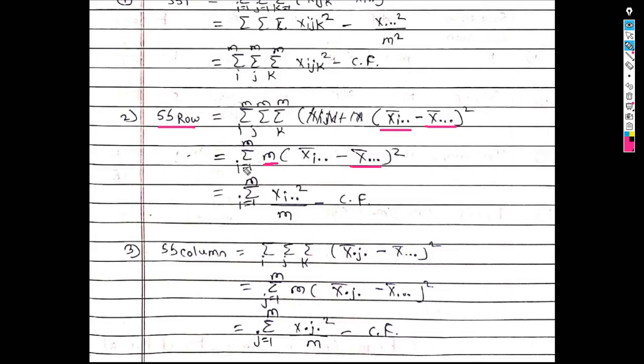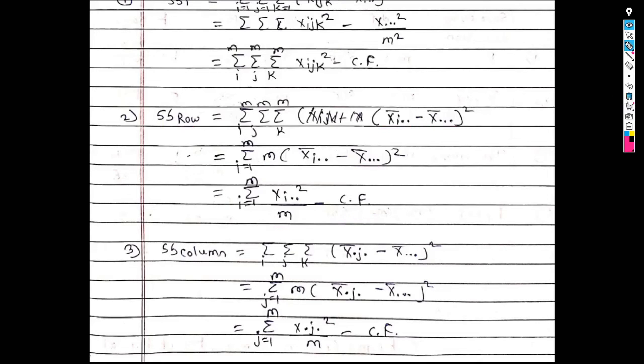Now this term can be written as summation over i xi dot dot square upon m minus correction factor. What is the correction factor? It is grand total square upon total number of observations, that is x dot dot dot square upon m square. So to find the value of SS row, instead of using this formula we use this simple formula to find SS row.